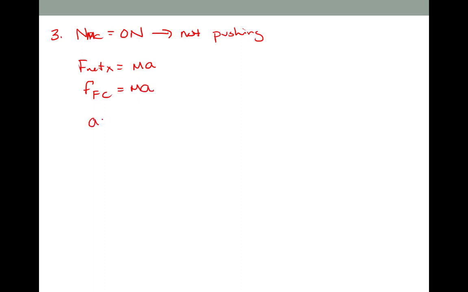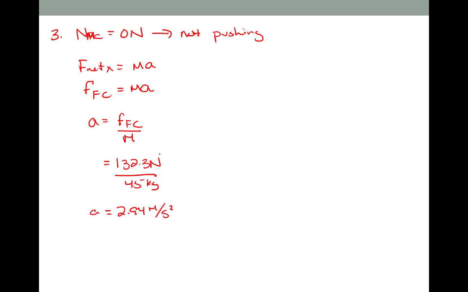So the acceleration will equal the force of friction divided by the mass, which works out to be 132.3 newtons divided by 45 kilograms, and is 2.94 meters per second squared.